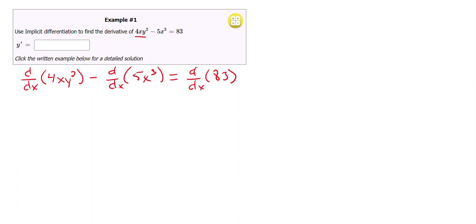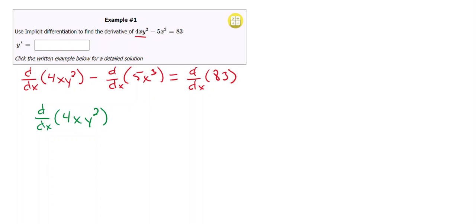Now these last two are going to be pretty easy, so I'm going to leave those for a second. We have a little bit of work to do on this first one, because we've got an x and a y term being multiplied together. So I'm going to focus just on this one for a second: d/dx of 4xy squared.